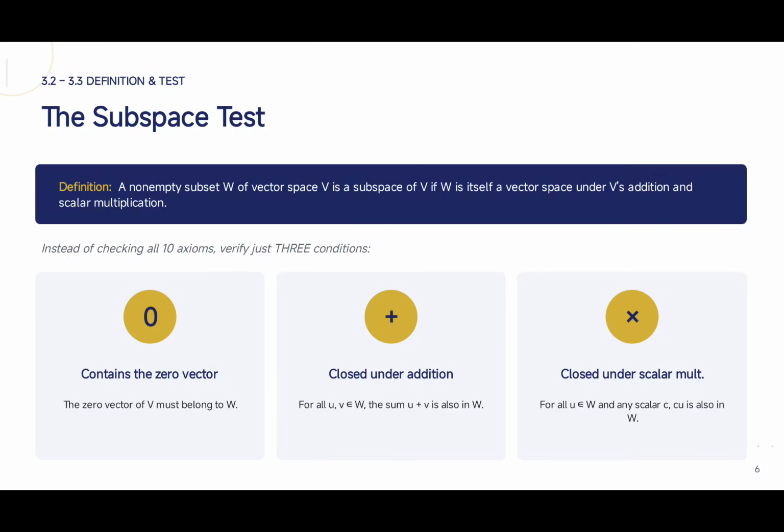Take any vector in W, multiply it by a scalar, and the result better still be in W. If any one of these 3 fails, W is not a subspace, and here's a practical tip. Checking condition 1, the zero vector, is usually the fastest way to rule something out.